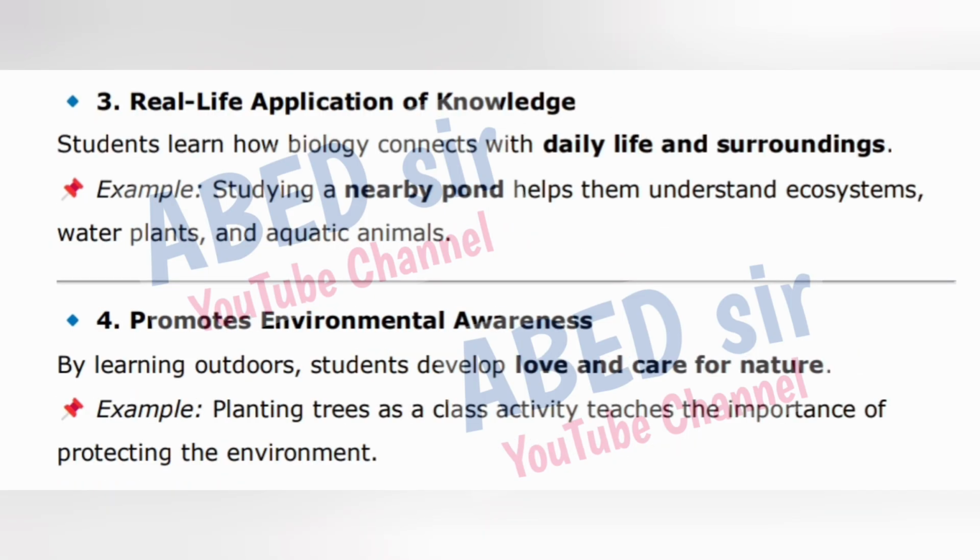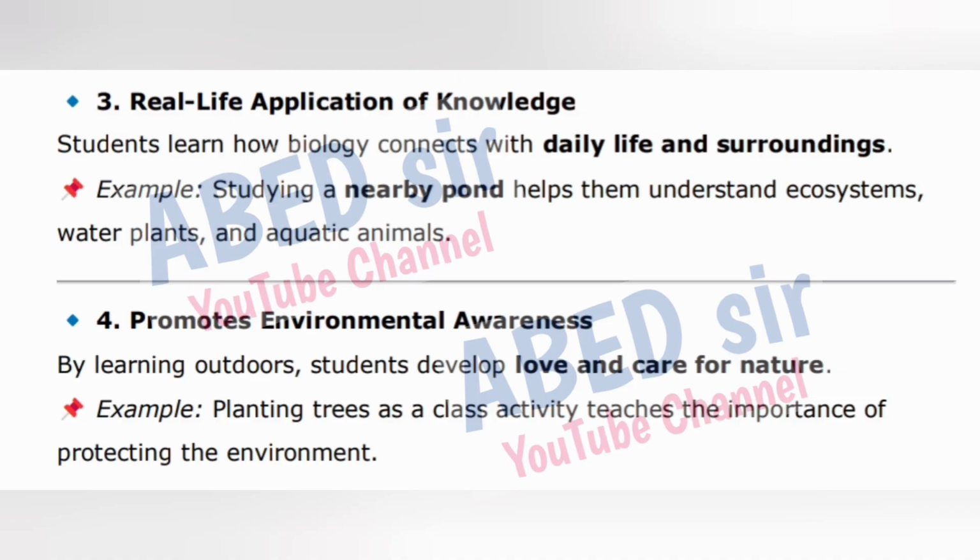3. Real-life application of knowledge. Students learn how biology connects with daily life and surroundings. Example: studying a nearby pond helps them understand ecosystems, water plants, and aquatic animals. 4. Promotes environmental awareness.